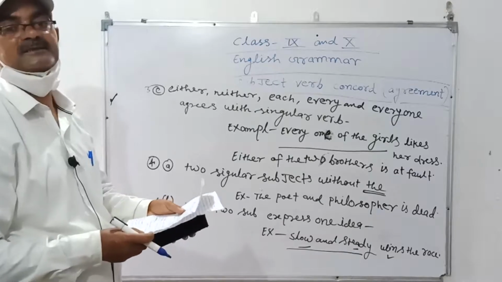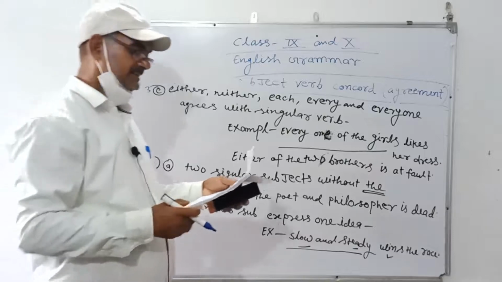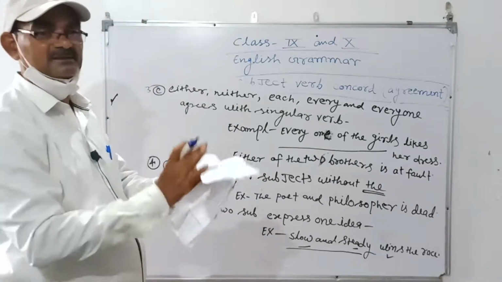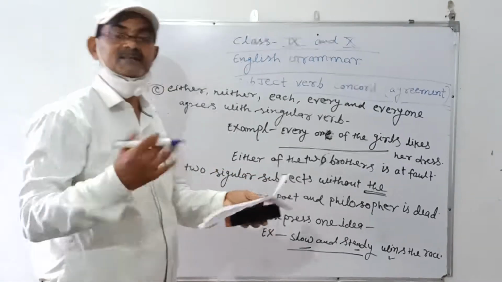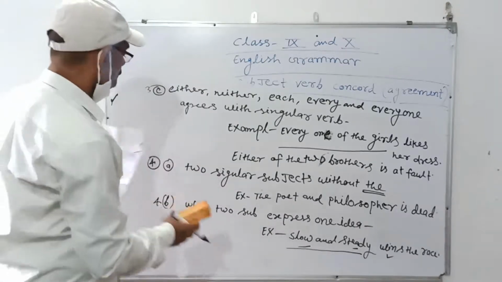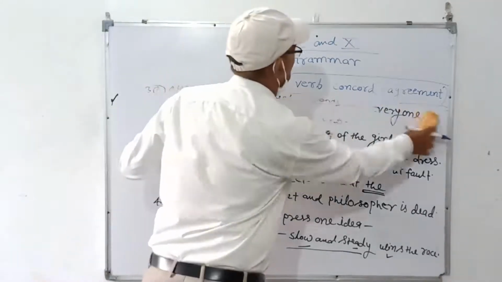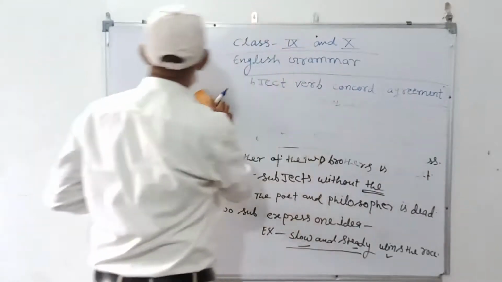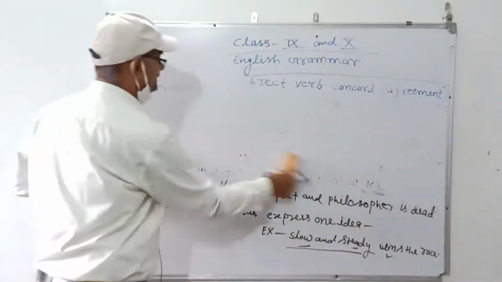Bread and butter is my favorite breakfast. Both rice and curry are food items, but jointly they are singular, and the verb agrees in singular form. Such rules are in a very well form to understand.